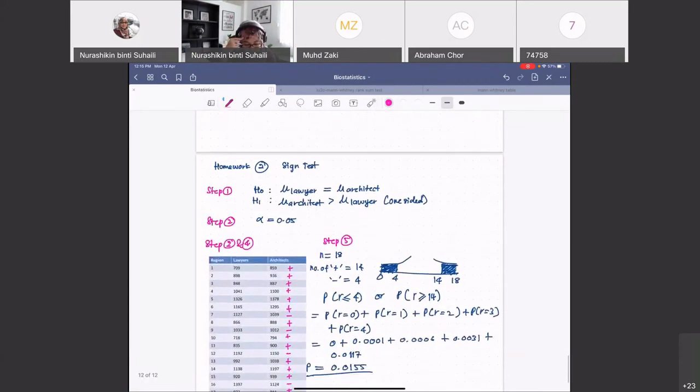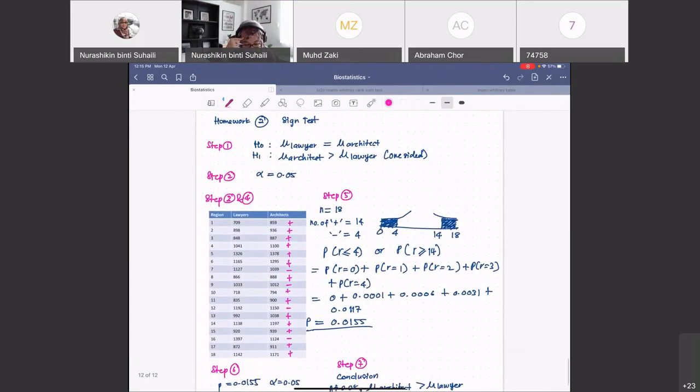Okay, homework two is about comparison between the mean income of the lawyer and the architect. So that's how you write the hypothesis. Because it's stated in the question, test whether the salary of the architect is greater than the lawyer, that's why I come up with this alternative hypothesis.